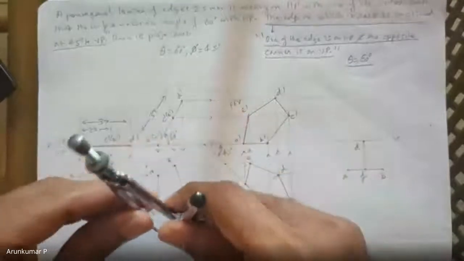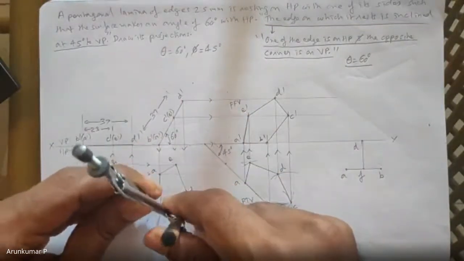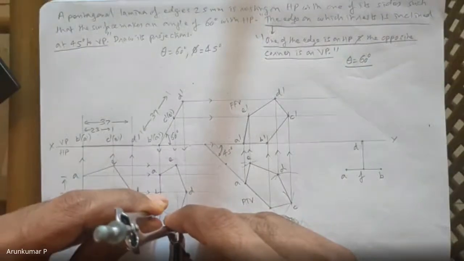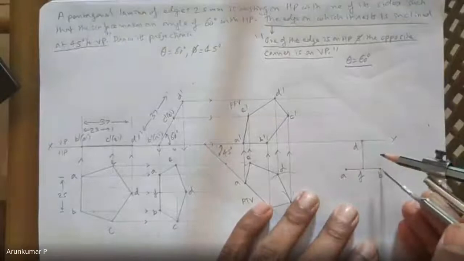For example, you want to locate C. So from B to C, in the second step top view, I'll locate this B to C, I'll measure and I'll make an arc here.